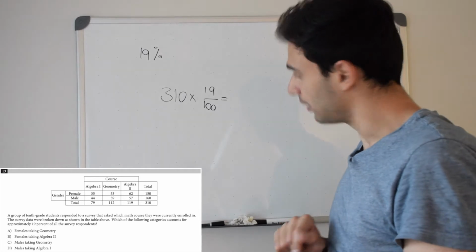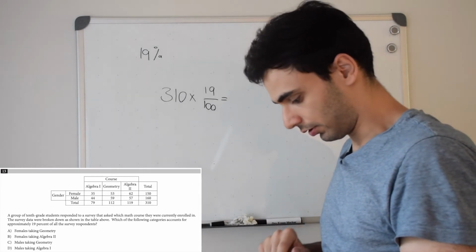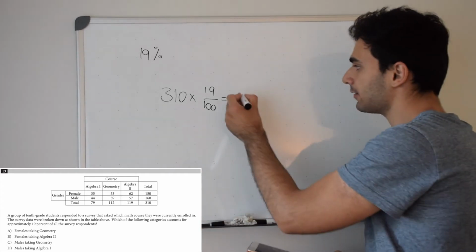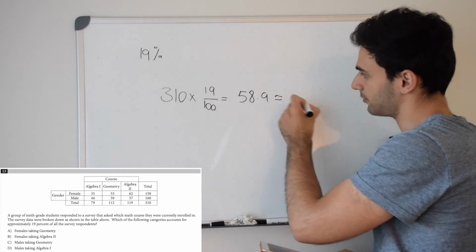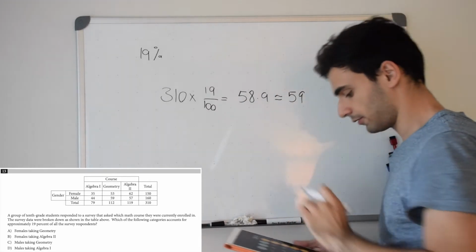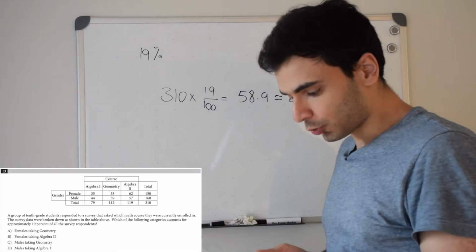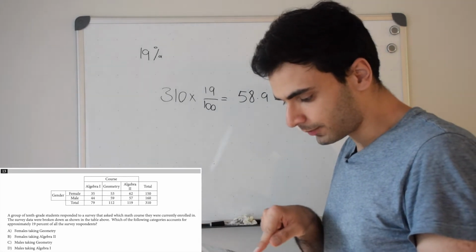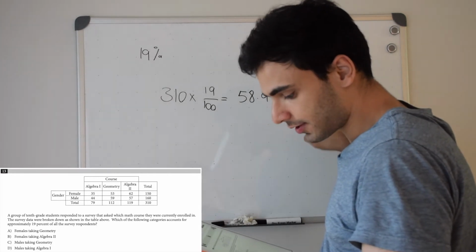If you do that, we'll have 310 multiplied by 0.19, which is 58.9, which I can write as 59. So if you take a look in the table, we see the males who took geometry, there are 59 of them. So the answer is C.